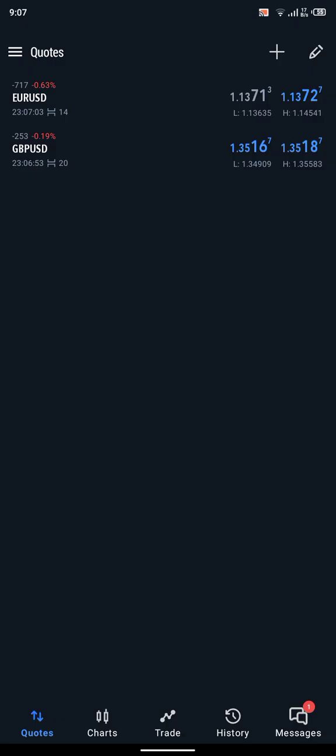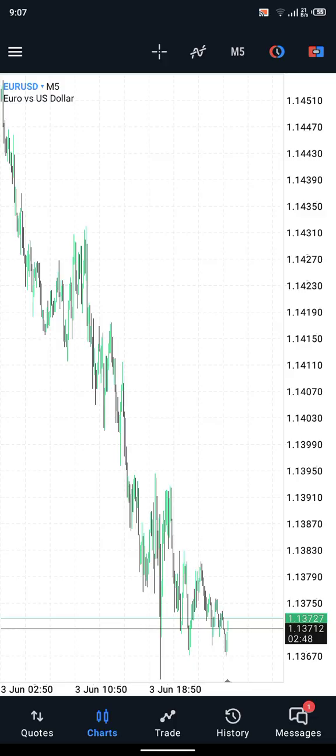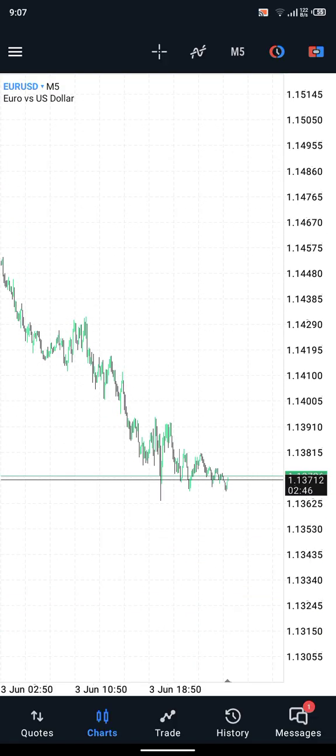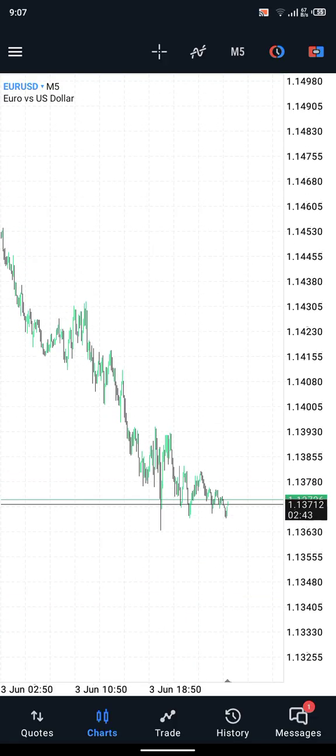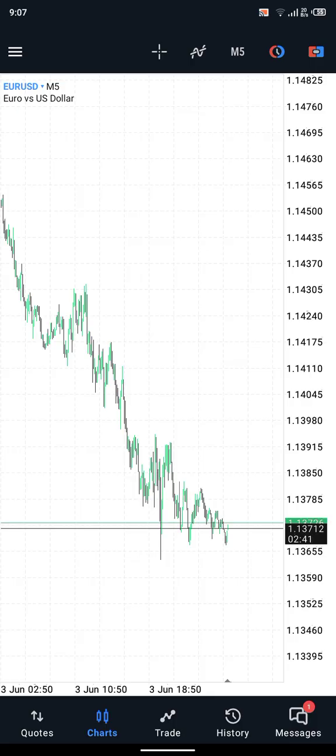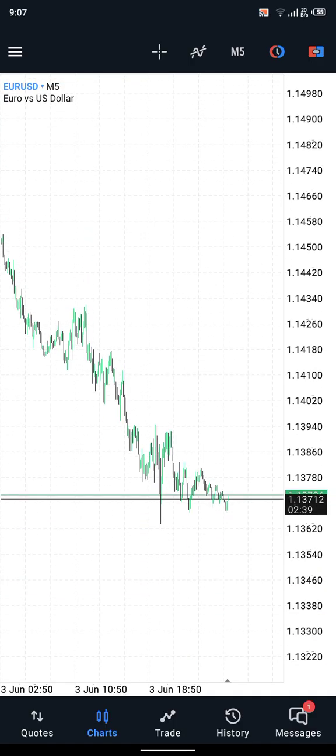So moving forward, we have charts here. Now charts, this is where the charts for all those pairs are going to be displayed. Currently, this is a Euro USD chart. We can see it from the top left.